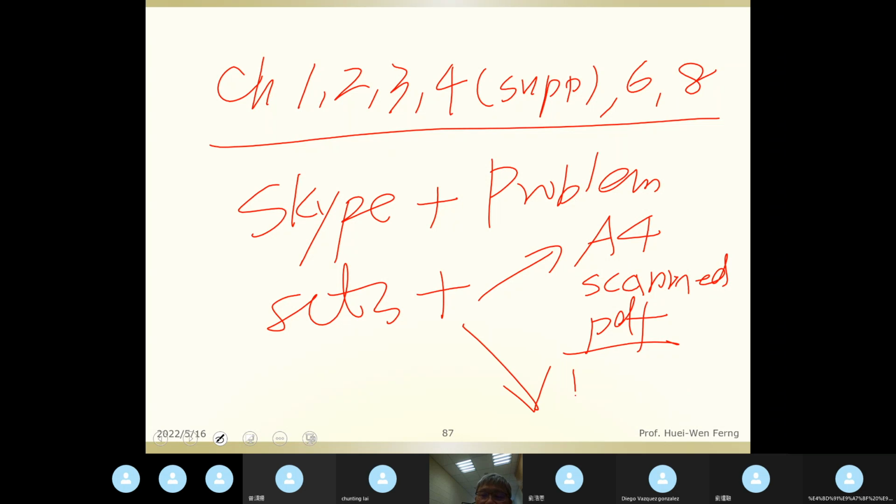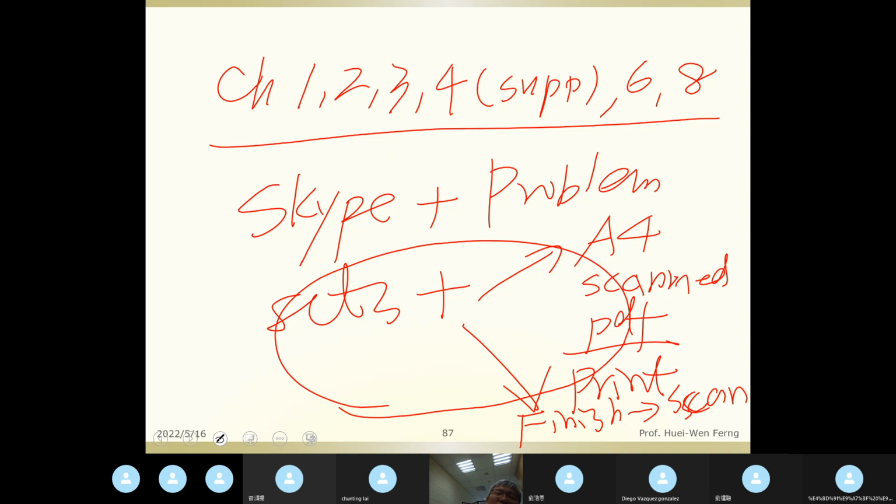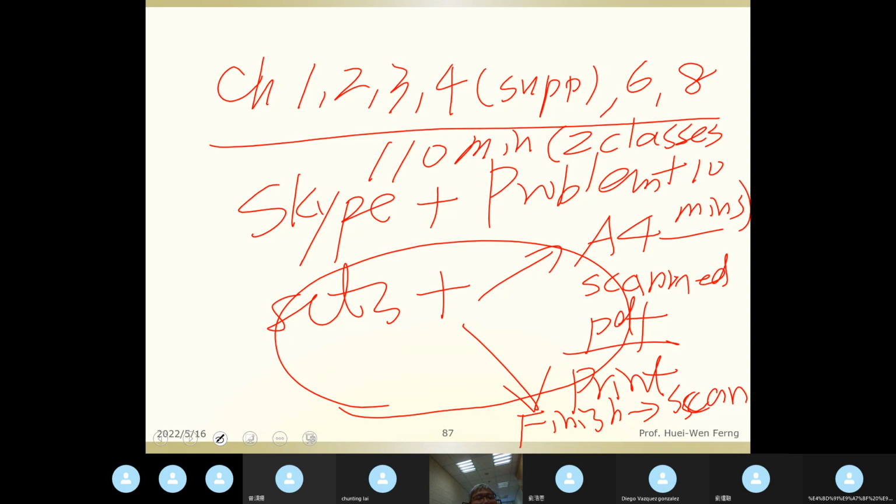Or maybe you can print and finish and then scan. Okay, so all of the operations within 110 minutes. Approximately 2 classes plus 10 minutes. Okay, so this is a way to have the final exam.